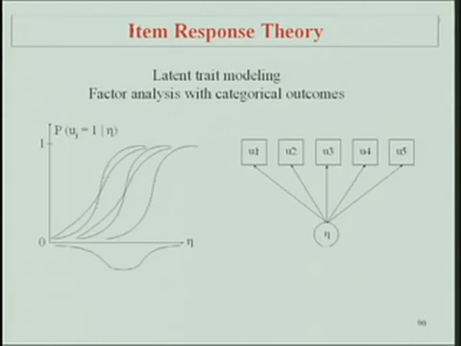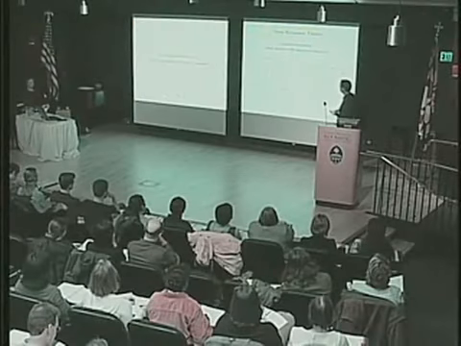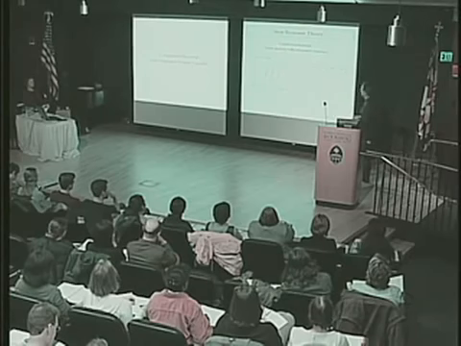So we're going to do the regression of u on eta. And either probit or logit would give you these kinds of S-shaped probability curves, indicating how quickly the probability of answering the item correctly increases as a function of an eta increase.